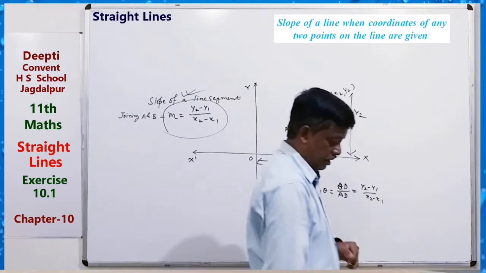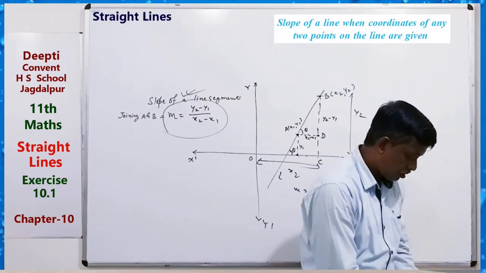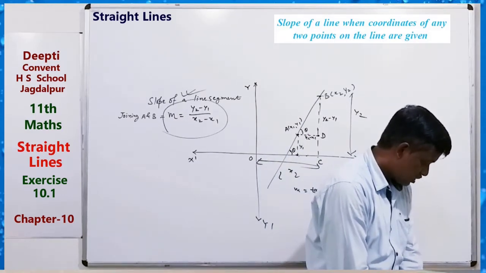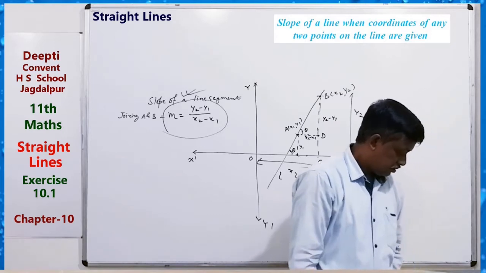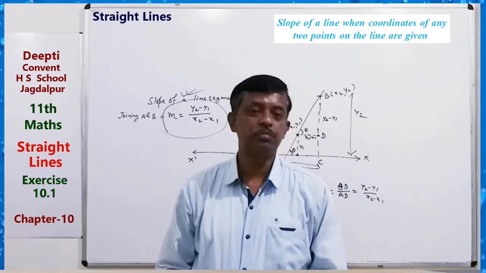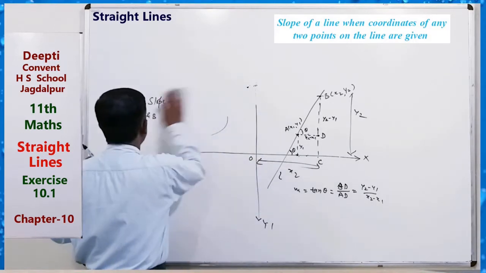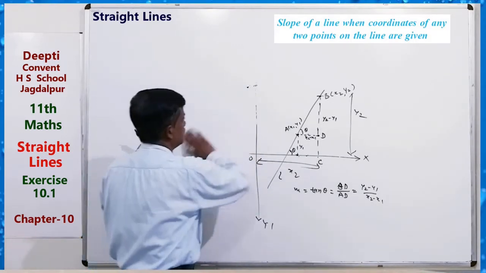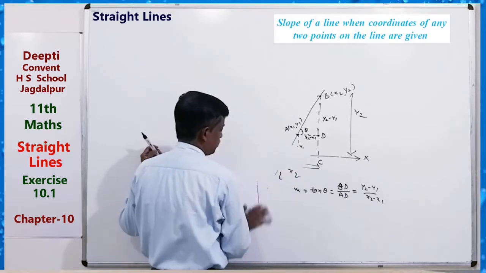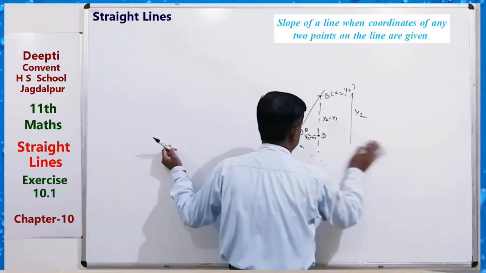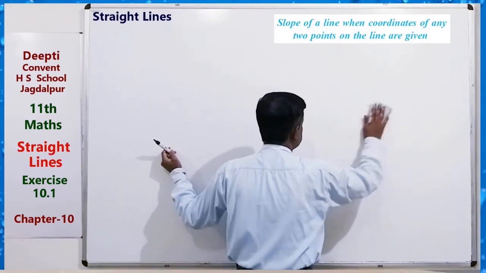And also, when two lines are parallel and when they are perpendicular, how can we judge? From the diagram it is very clear.